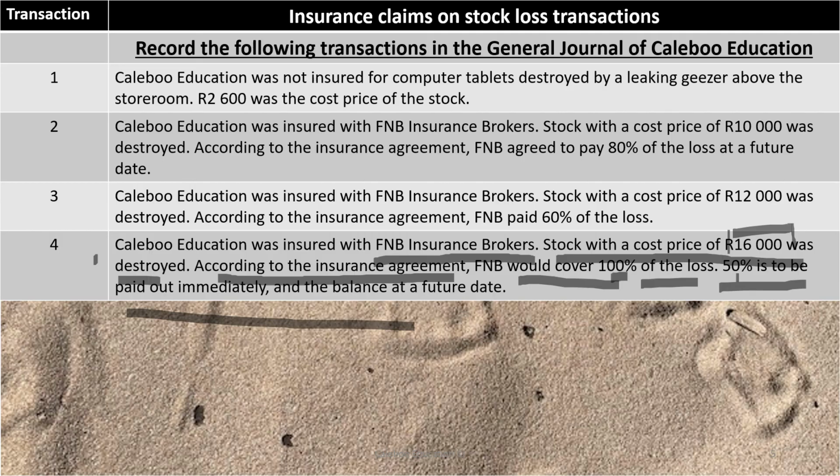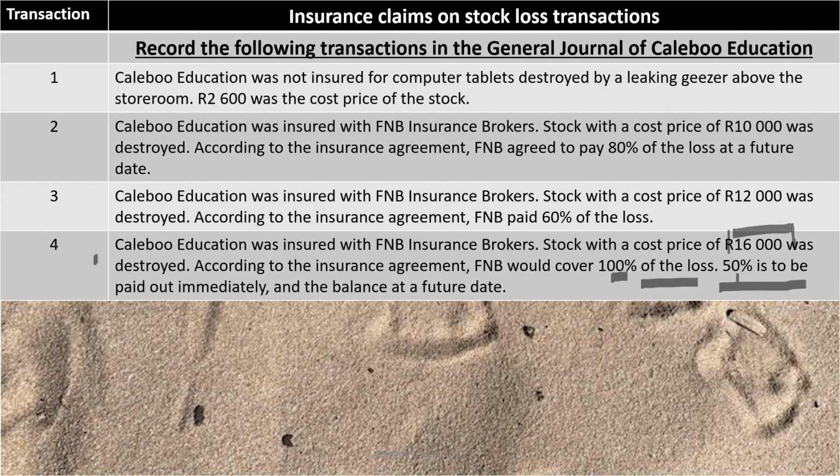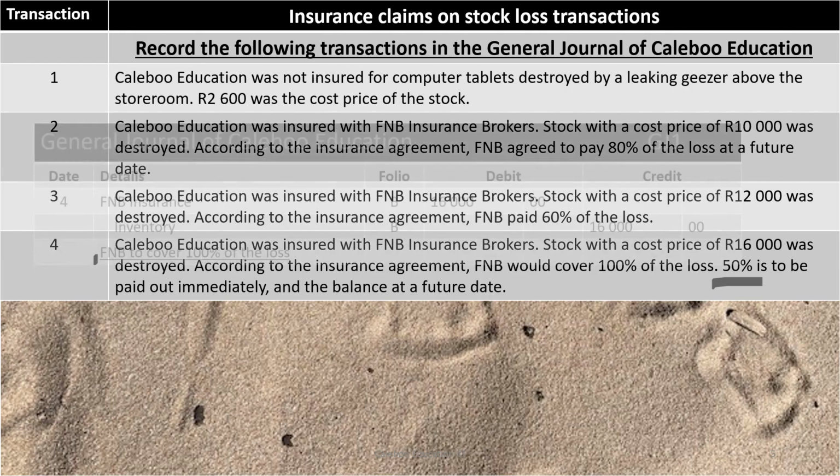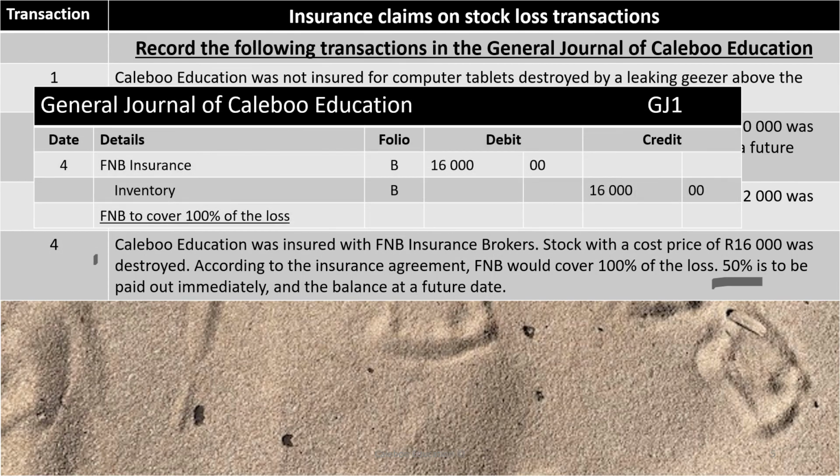Now, you want to have a record of what your insurance company, FNB Insurance, has agreed to pay us, even though they're paying us some money, they say immediately 50%. So let's have a look. FNB Insurance, we debit with the full amount because they're going to pay us 100%.